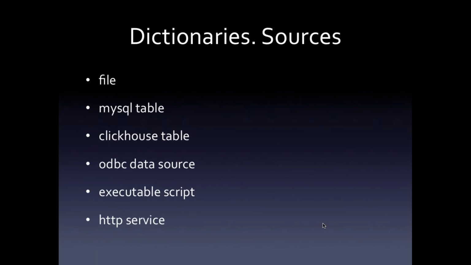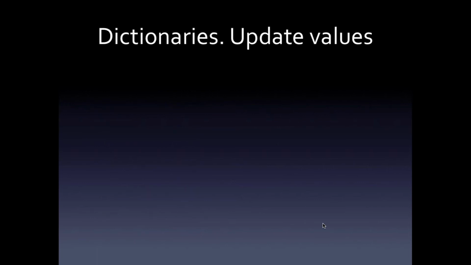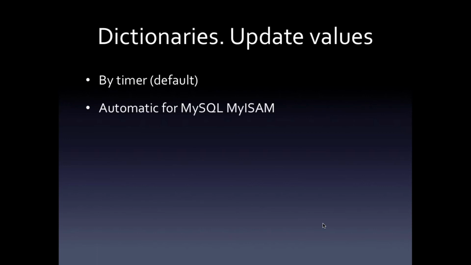In addition to a MySQL table, there could be sources like file, ClickHouse table, ODBC data source, executable script, or even an HTTP service, which could be useful for some use cases. And it's possible to update dictionary values, and by default, it's updated by a timer using some predefined period. For MySQL tables, it could be done automatically because in MySQL you always know the last modification time.